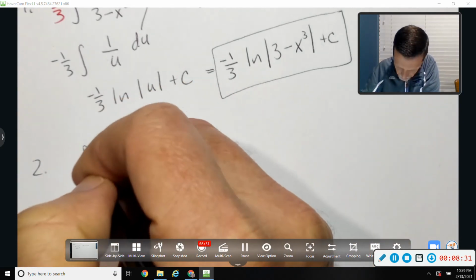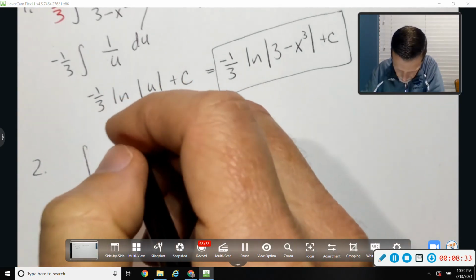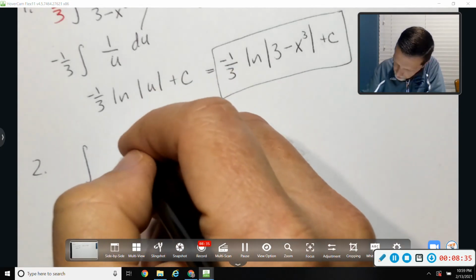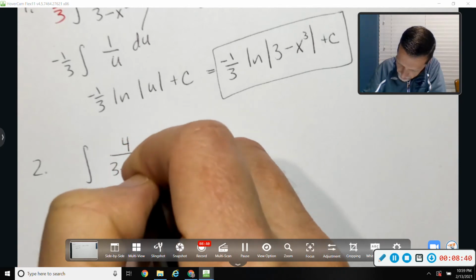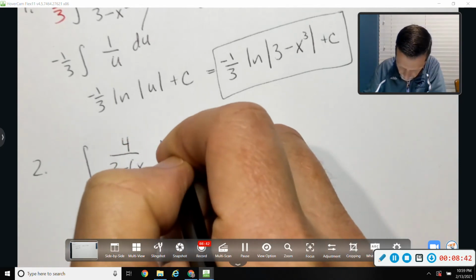Number 2, the antiderivative, or the integral of 4 over 3 minus 6x dx.